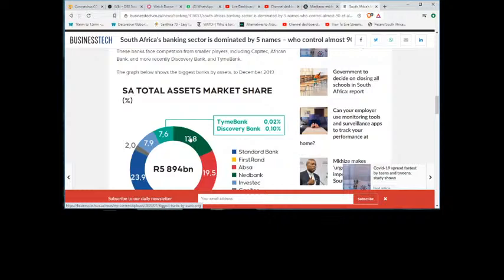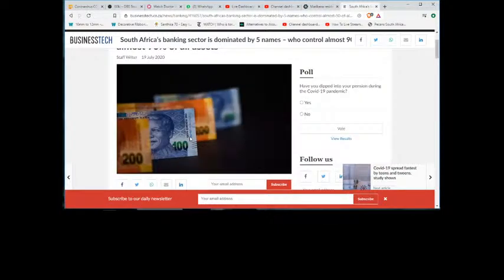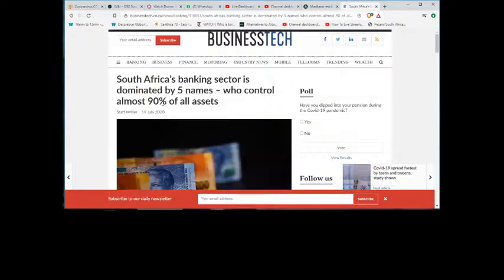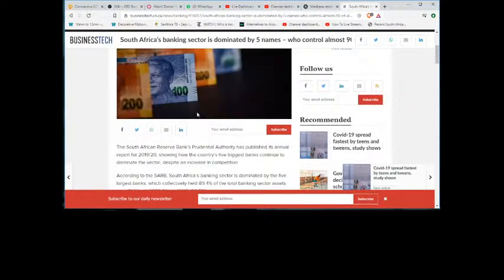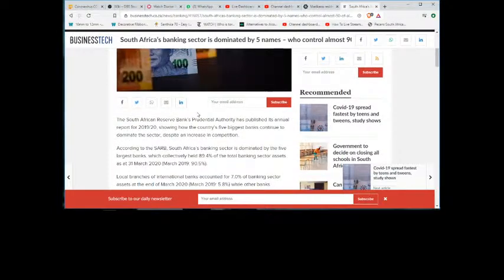Okay, this is a banking article. South Africa's banking sector is dominated by 5 names who control almost 90% of all assets. Now, if you know anything about commodities and economics and stuff like that, then you'll know that this is almost a monopoly. Almost, not quite.